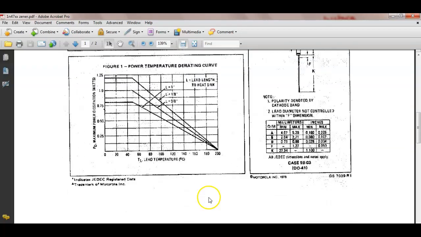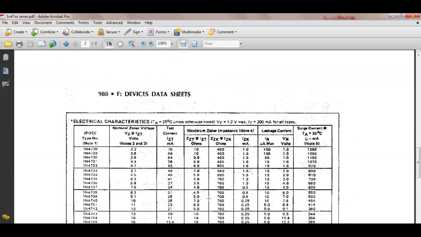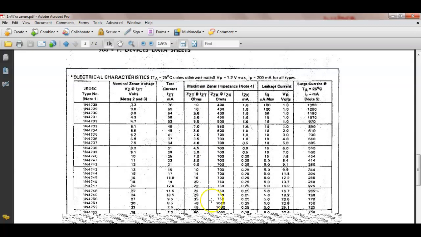Okay, it's working now, guys. So here's our data sheet. We're looking for a 22 volt Zener. So 1N4747. This is a Zener.